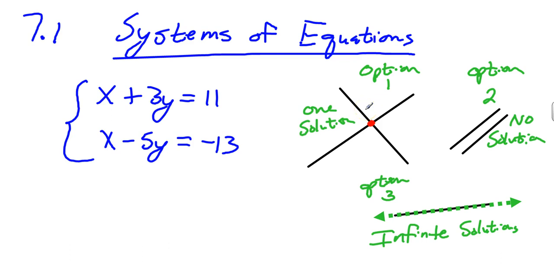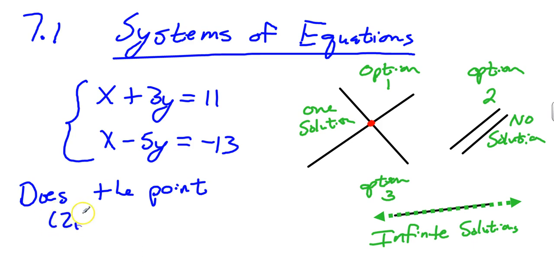Now the very first thing they're going to have you do, before we go through all the solving parts, is give you one ordered pair and ask, does this point represent the solution to the system?